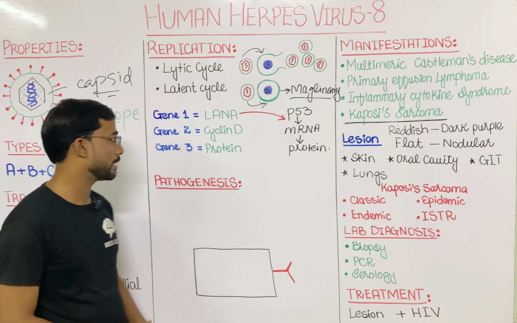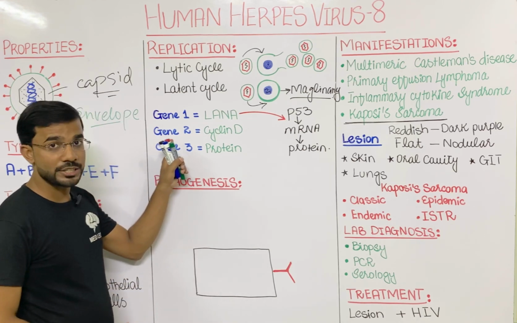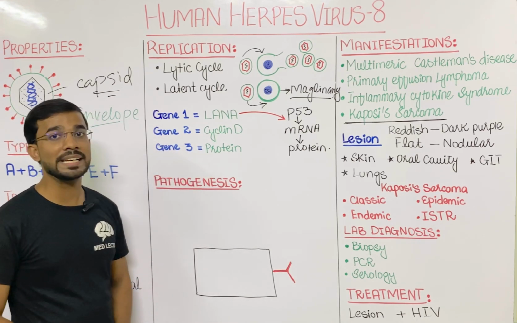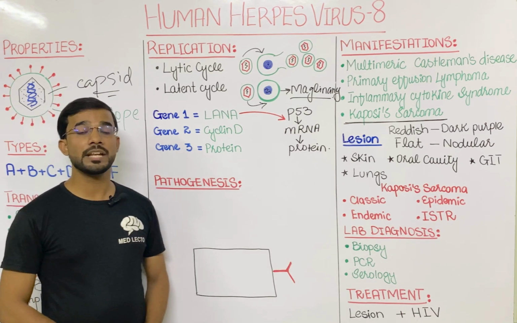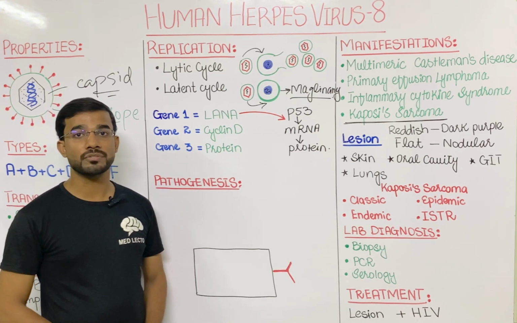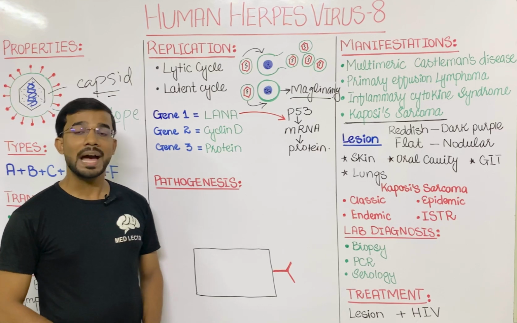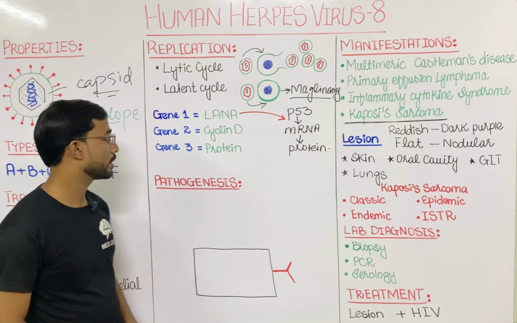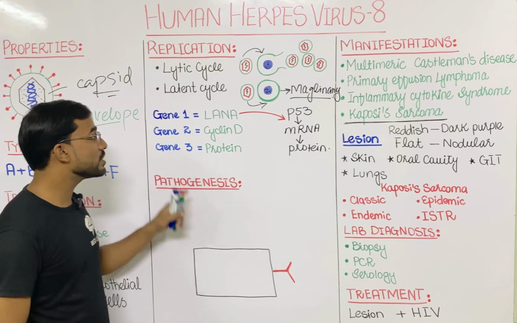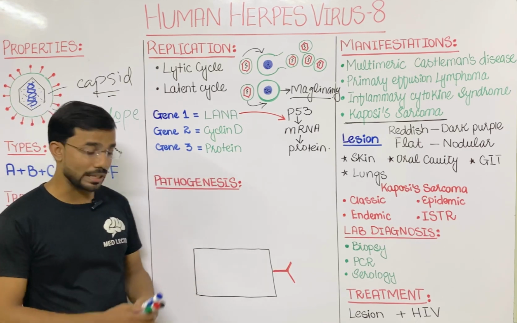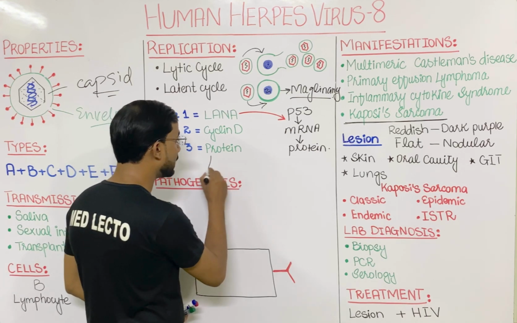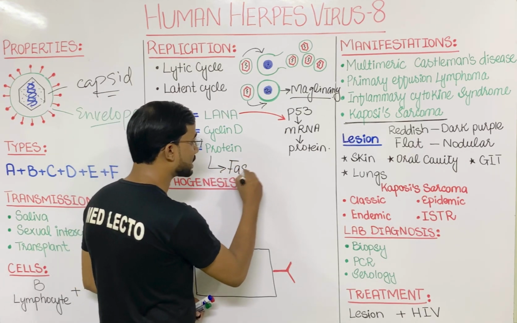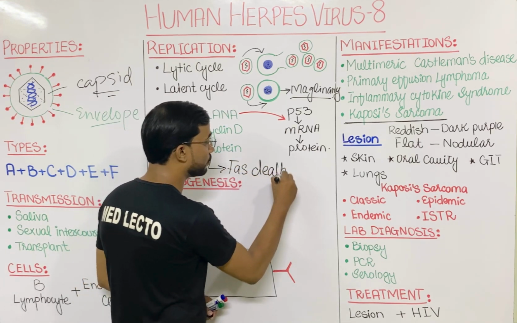Next, viral gene 2 will produce the cyclin D. Cyclin D basically overrides the control of the cell cycle growth, and as a result you will see growth of the cell. Next, viral gene 3 will produce the protein that actually blocks the FAS death cycle of the cell.